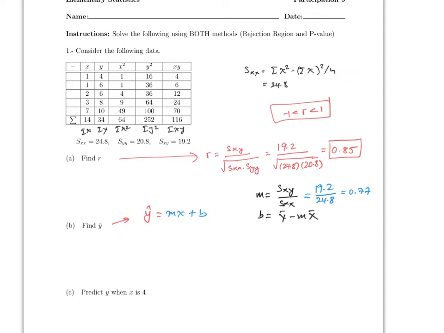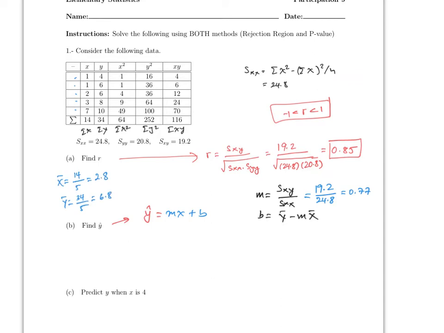To do that, all you have to do is, from here, x bar will be the sum of x, which is 14, and then n is 1, 2, 3, 4, 5, divided by 5, and y bar will be 34 over 5. So 14 over 5 is how much? So this is 2.8 and this is 6.8.